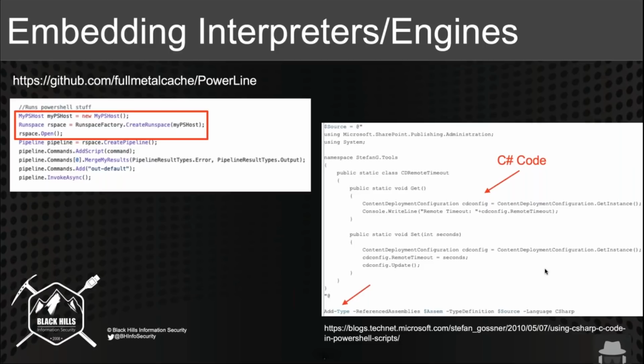But you can embed C# code in a PowerShell script. Like the example on the right here, that's literally a copy and pasted C# class in a PowerShell script, and then all you do is call this Add-Type function. Now this Add-Type function goes out, calls csc.exe, which is the built-in C# compiler, installed by default on every Windows machine, dynamically compiles that C# code, calls assembly.load in the backend to load it into your current PowerShell runtime, and all of that happens at the backend.